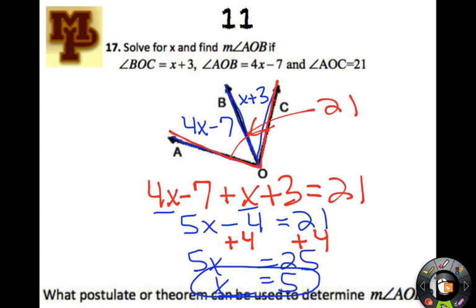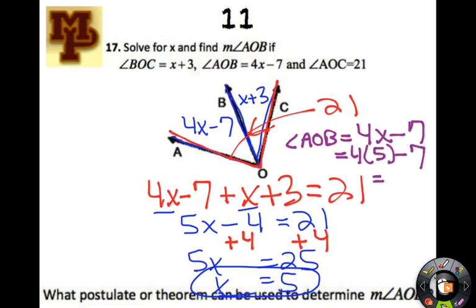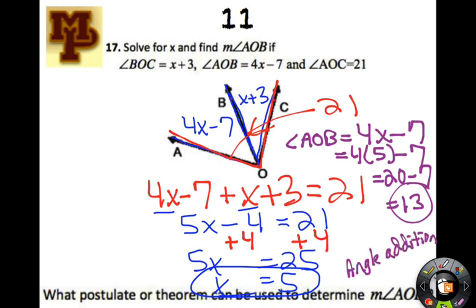Angle AOB is listed as 4x minus 7. Well, the x is 5, so we're going to go 4 times 5 minus 7. 20 minus 7, so that's going to be 13. So that angle is 13 degrees. What postulate can be used? This is the angle addition postulate. Again, the last one was segment addition postulate.